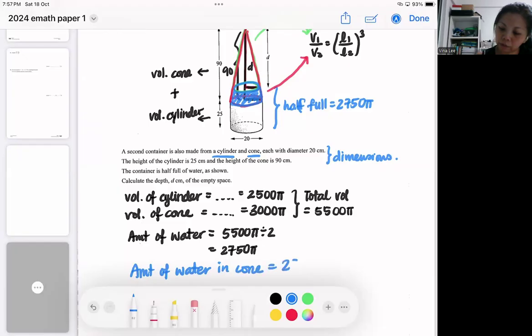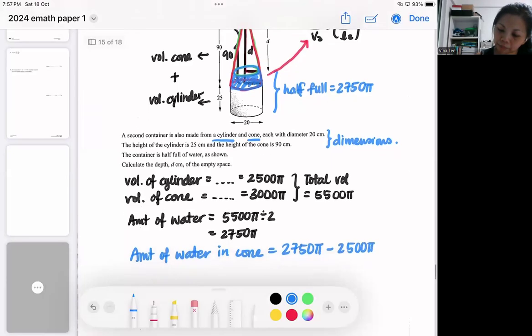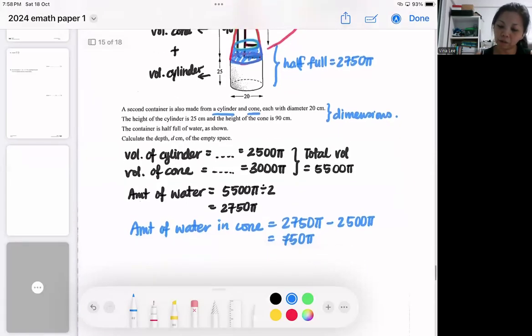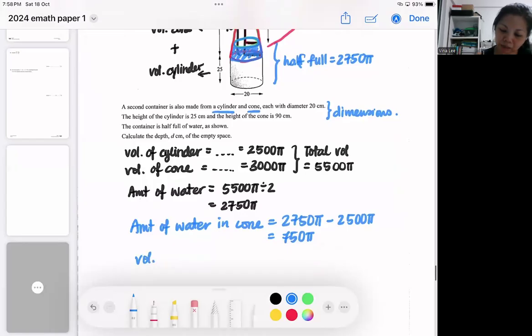So I take the full water, minus away the cylinder. So now I can find the volume of the empty space. The volume of the empty space will be the cone minus away the water in the cone.